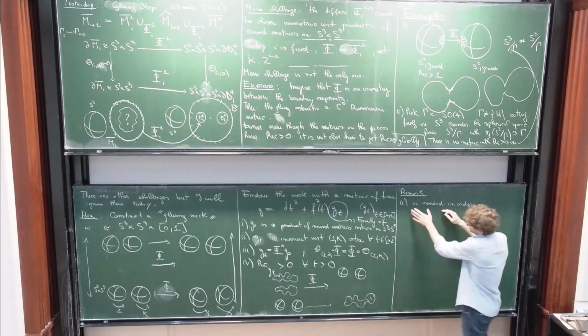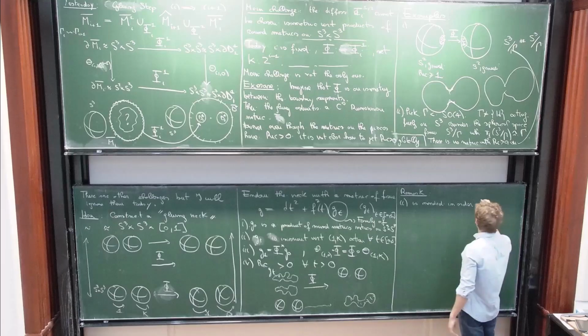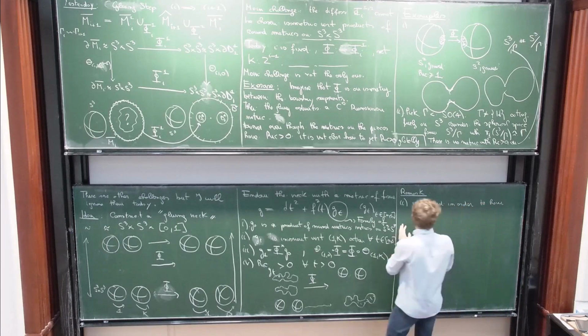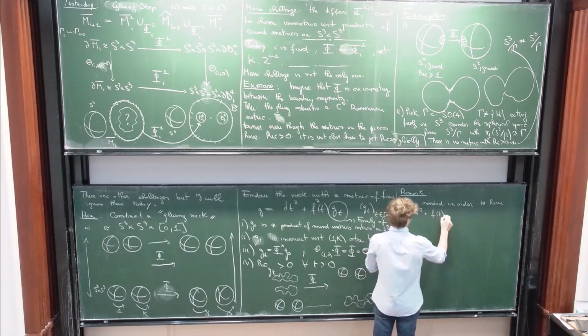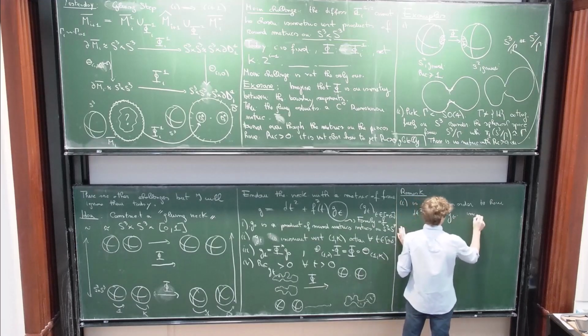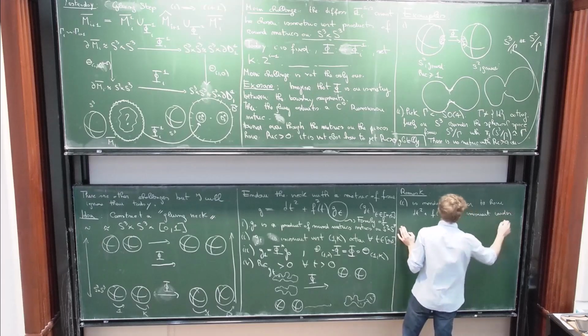Condition 2 is not needed, but it is really helpful because it guarantees that every metric of the form dt^2 plus f(t)^2 g_t is invariant under the 1K action.